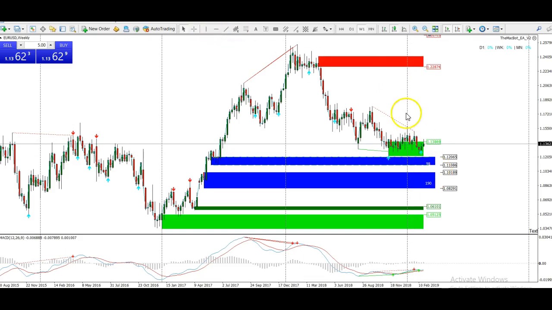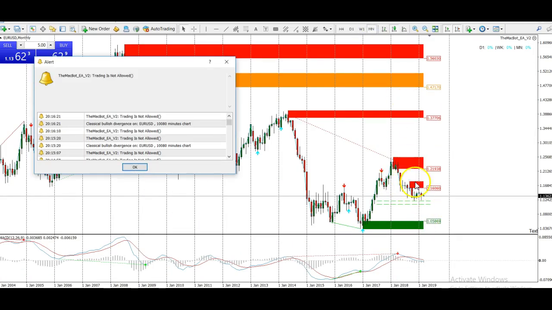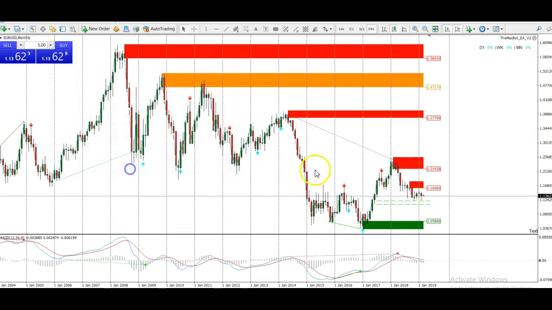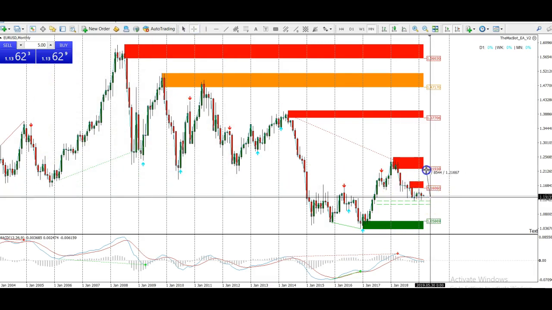Alternatively, a break above, really a close above this area here this month, 114,600, 114,700 area, or close above 115 would be a resumption of this up move, and a test of 121, 122 would be possible.